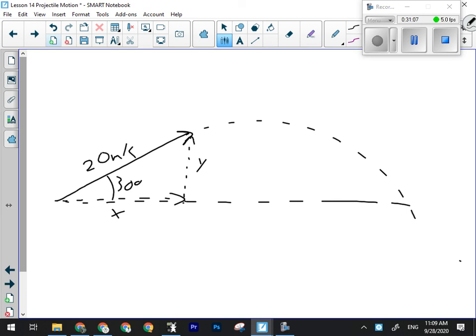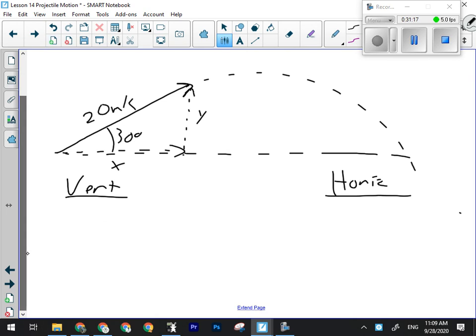What we're looking at here is that from a projectile motion perspective. So on this, y represents the initial vertical velocity. It's how fast it was moving upwards the moment it was fired, thrown, released, whatever. And x represents the horizontal velocity.